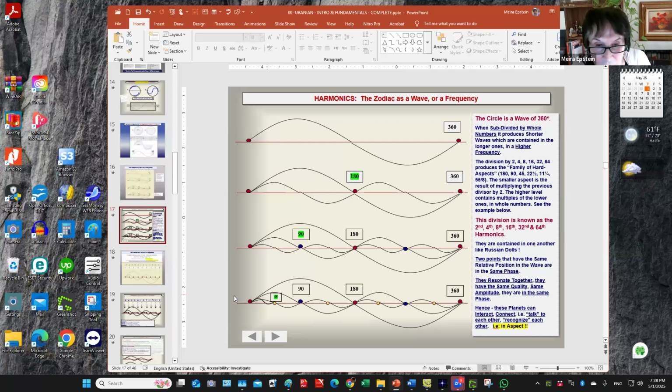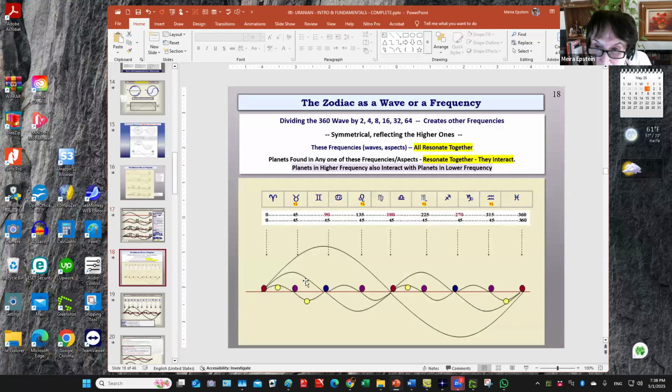Okay. So now we convert that. Now these dots, these harmonics or these waves, we compare them to degrees in the zodiac. And you see the 0 and the 360. Now you see the 180 in the middle, 0 Libra, and that's the middle.